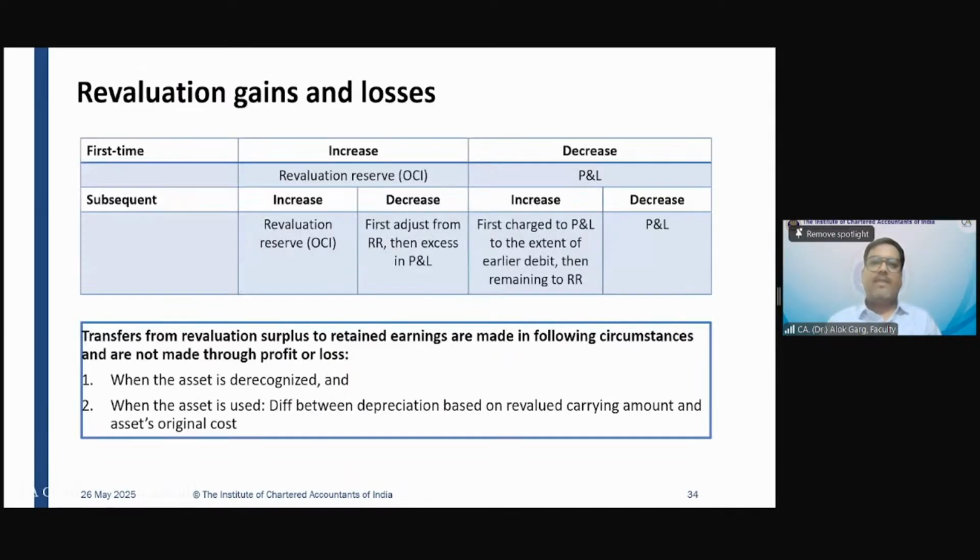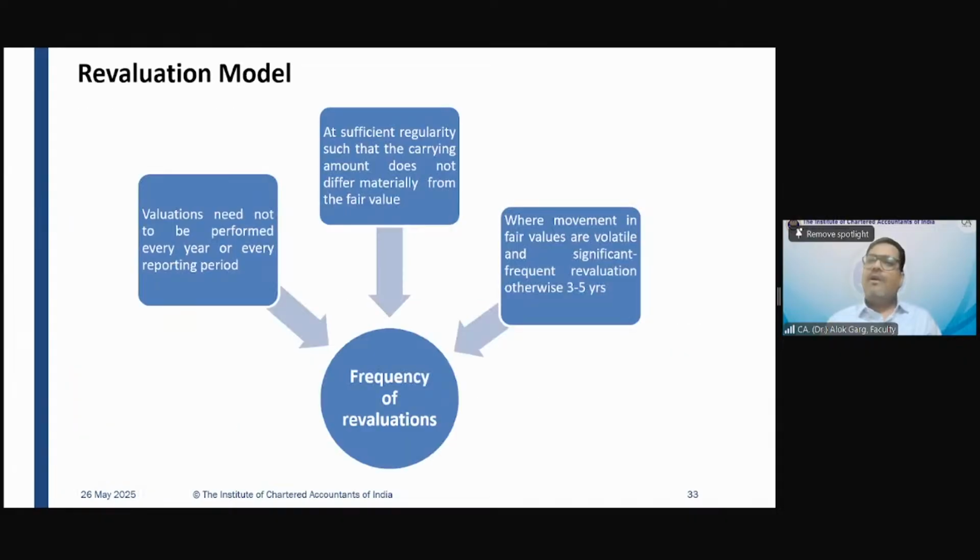Okay. Thank you, sir. But what happens if you apply the revaluation model for all the assets of a particular class of PPE, but there is one asset in that class that does not have a fair value? What happens with that? Because the PP&E standard has no such exception, where will you get the fair value from? In that case, the same type of asset is available in the market and we should take that value.